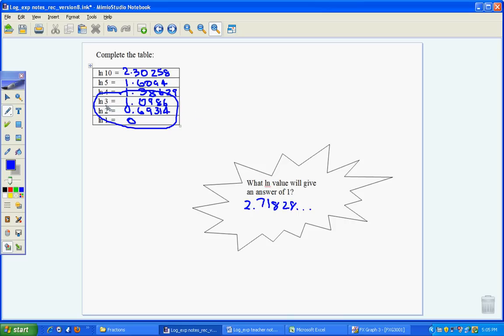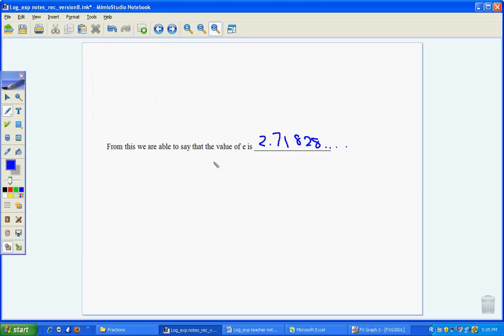We want to find the number whose natural log gives us 1. You can see 3 is a little bit more than 1, and 2 is a bit less than 1, so it's 2.71828 and so on. That is our value of e.